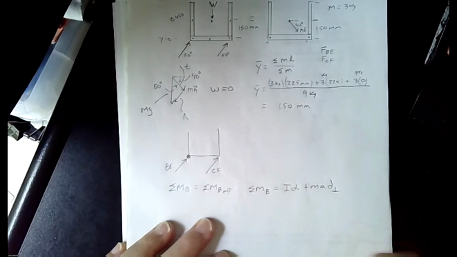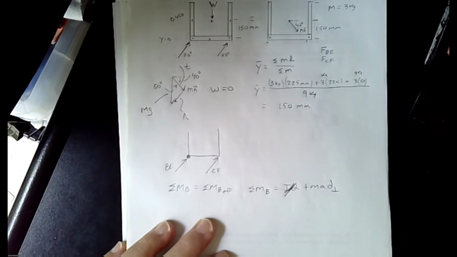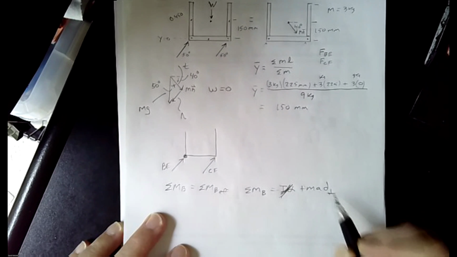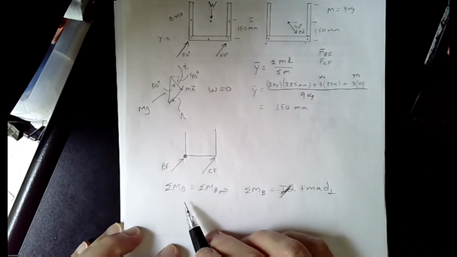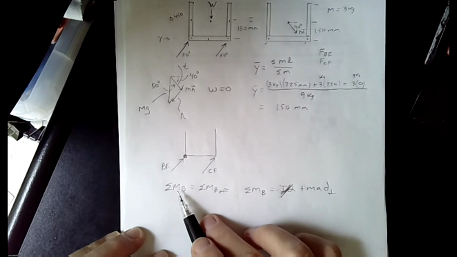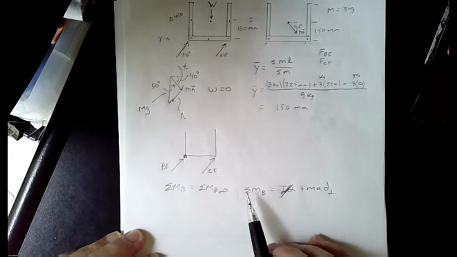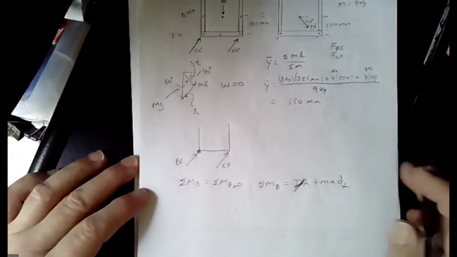Not rotating. So this term isn't needed. All right. So all we really have is MAD when we sum our moments. And that's what this effectively is, the effective. So you can kind of think of it as the sum of the moments about B equal MAD. Okay. I know that might seem weird, but bear with me. So let's go ahead and just write out what we have.